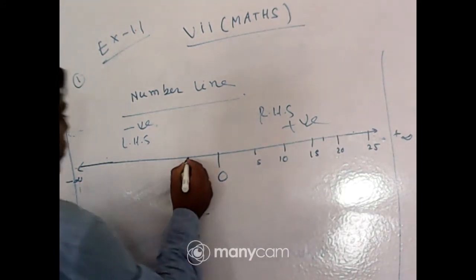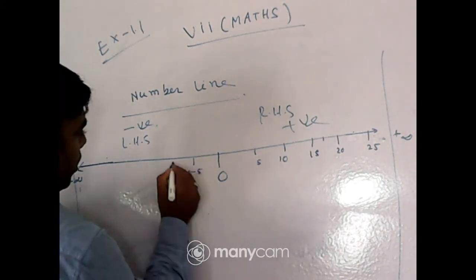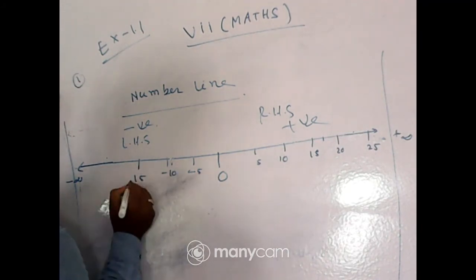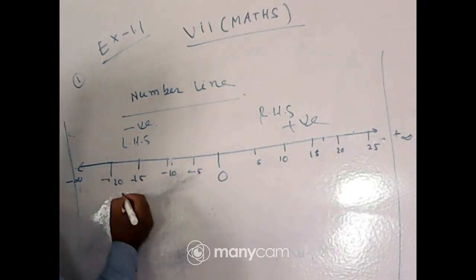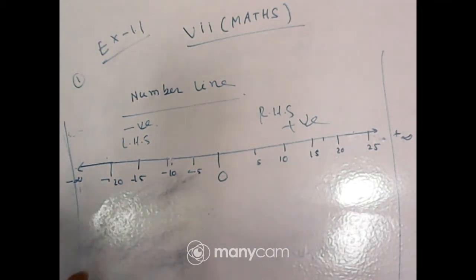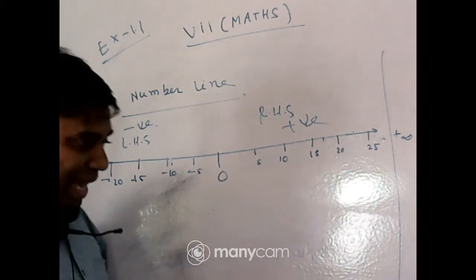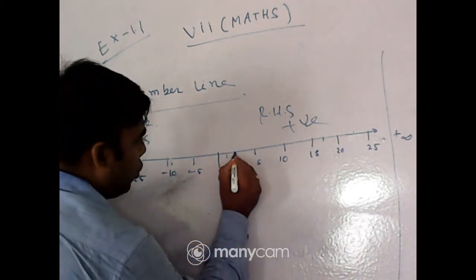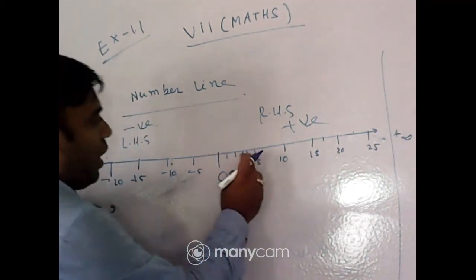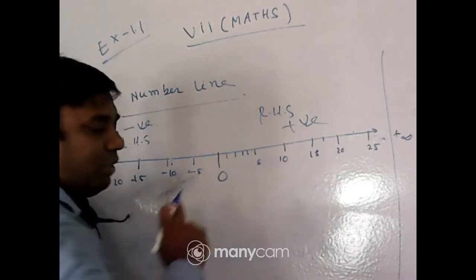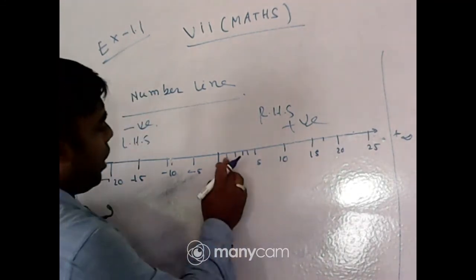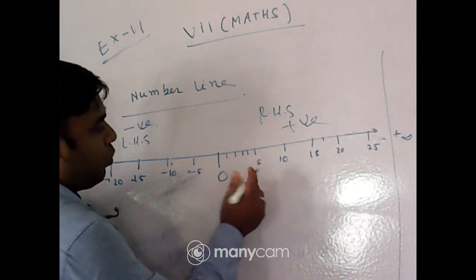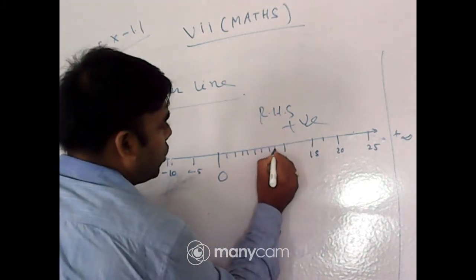That is minus 5, minus 10, and so on. As it is 0 to 5, divide it into 5 parts: just write down 4 equal lines between, 1, 2, 3, 4.